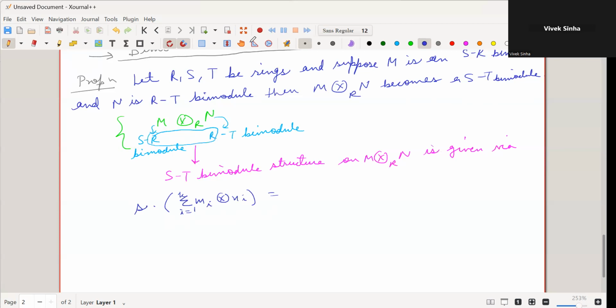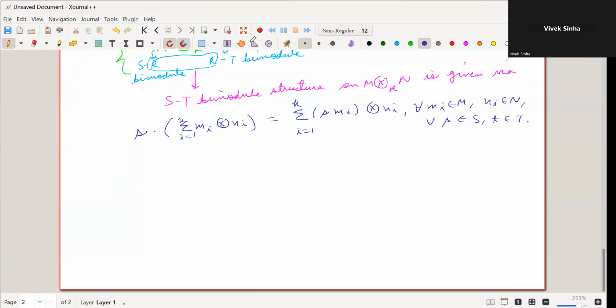Because it has an SR bimodule structure. You can use the left module structure over M coming from S and just define s times the summation of m_i tensor n_i, i equal to 1 to k, as the summation of s m_i tensor n_i. This holds for all m_i belonging to M, n_i belonging to N, and all s belonging to S.